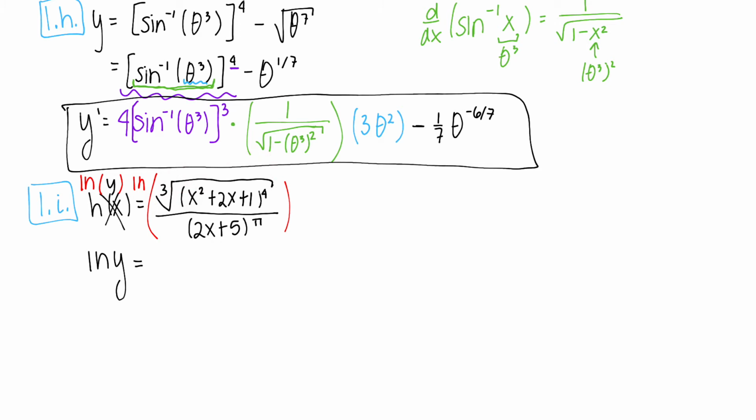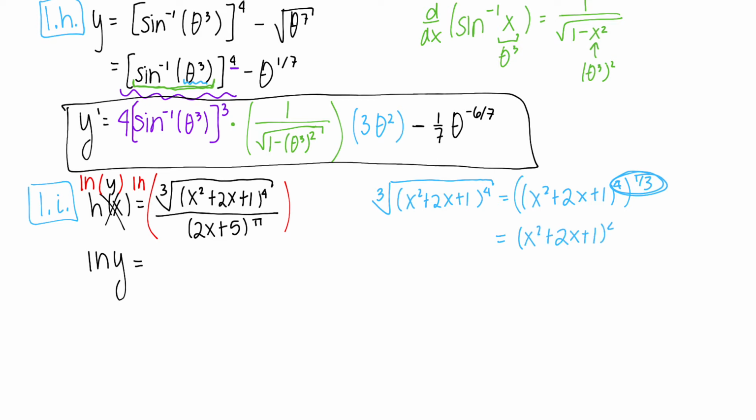So maybe what I'll write over here is that this is the same as x squared plus 2x plus 1 raised to the 4th power, all raised to the 1/3. But then these can multiply. So it's actually x squared plus 2x plus 1 raised to the 4/3 power.